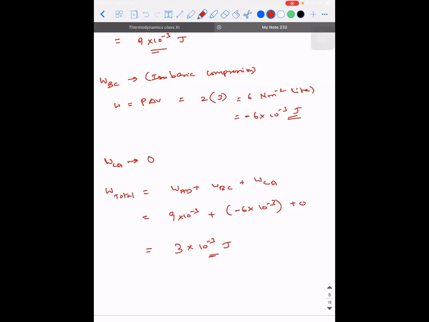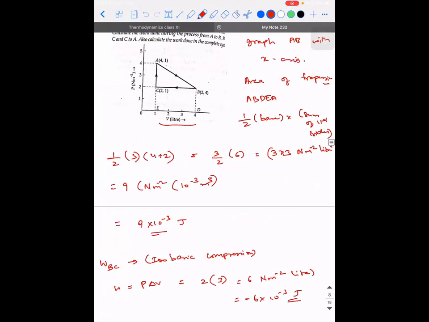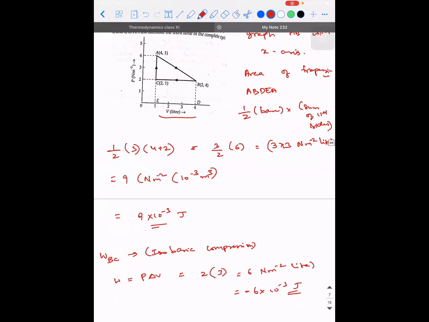Sir, what is the SI unit for the work done under the PV graph, sir? Work done is joule only. No, sir, that Newton meter something you wrote. See, Newton per meter square into liter. Okay. So Newton per meter square into 1 liter is 10 power minus 3 meter cube, so that will be 10 power minus 3 Newton meter.